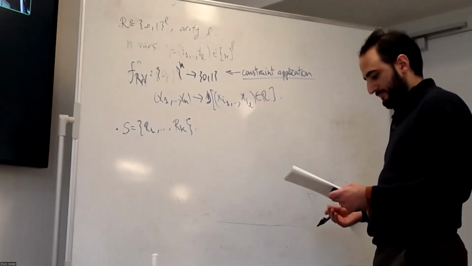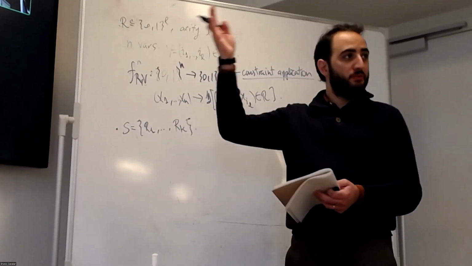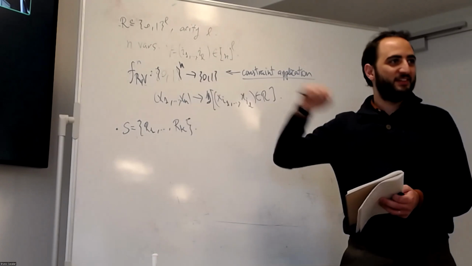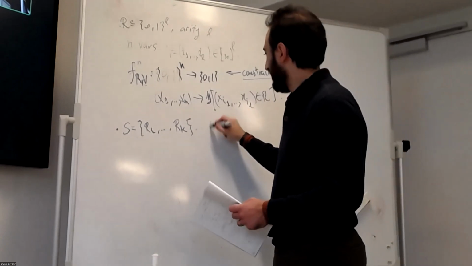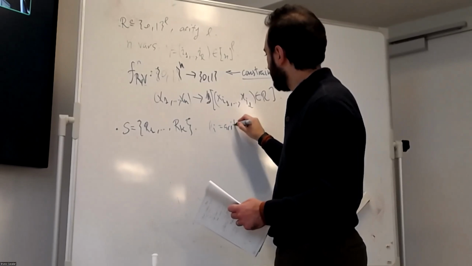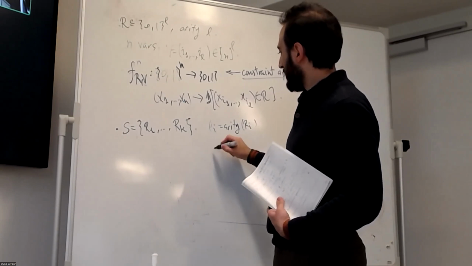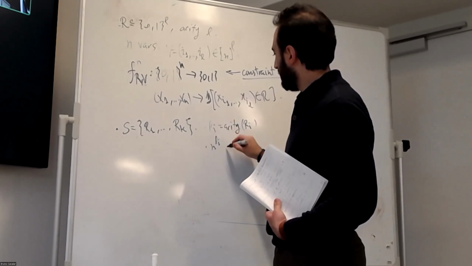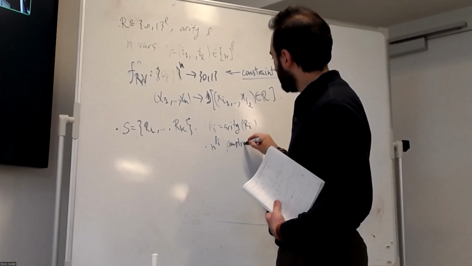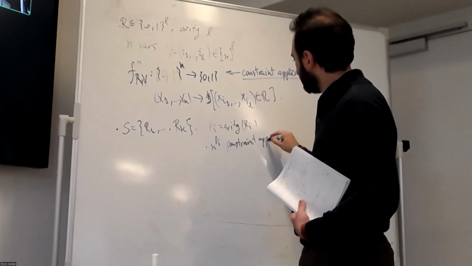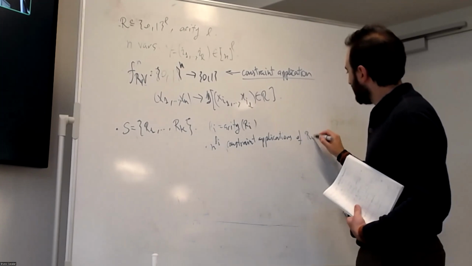Right, and the set of relations. We went through this in the talk, like the number of possible constraint applications you have. If L_i is the arity of R_i, then you can have n to the L_i constraint applications of R_i.